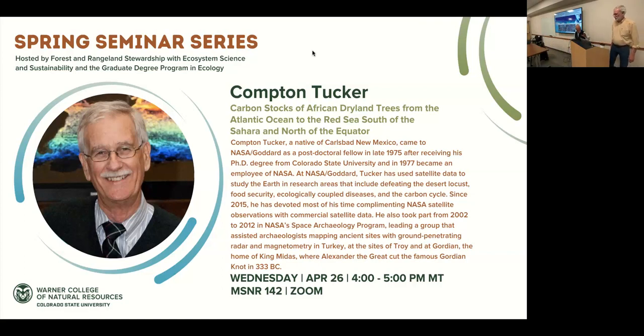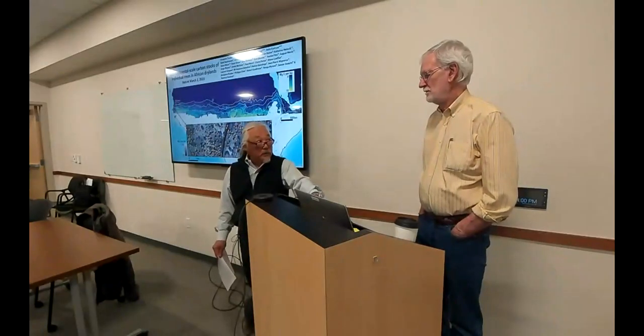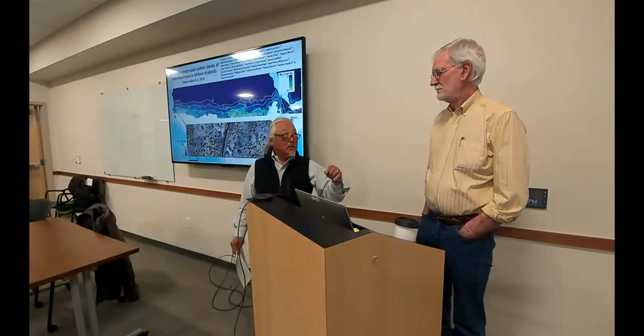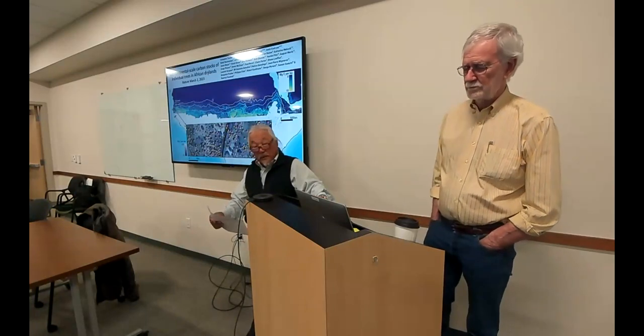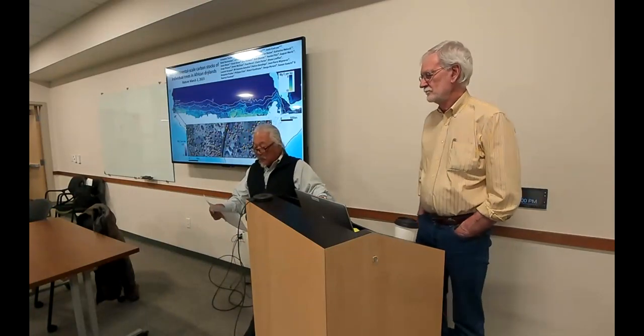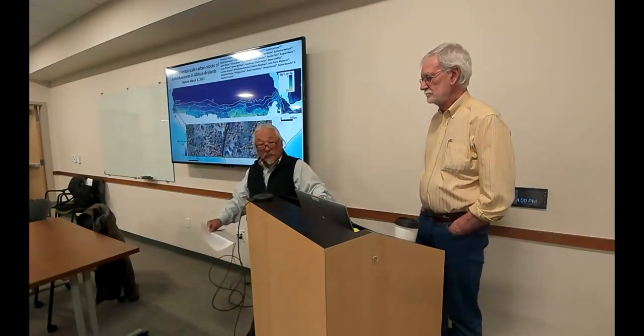It's my great pleasure to actually introduce Compton James Tucker III, eminent graduate of Colorado State University. He got 3 degrees here, starting his first degree in biological sciences in '69 and getting his Ph.D. in 1975.